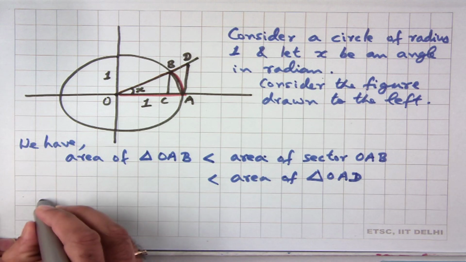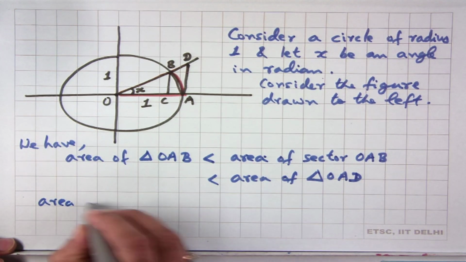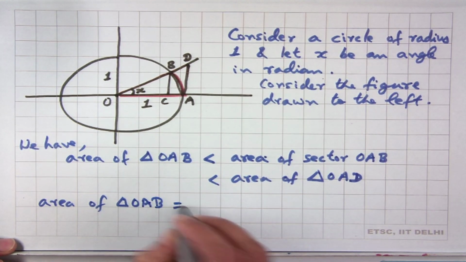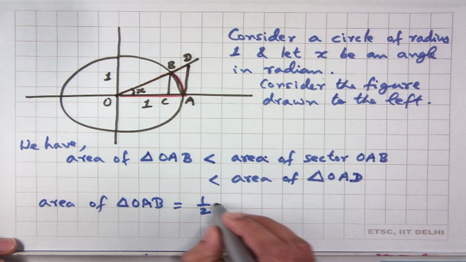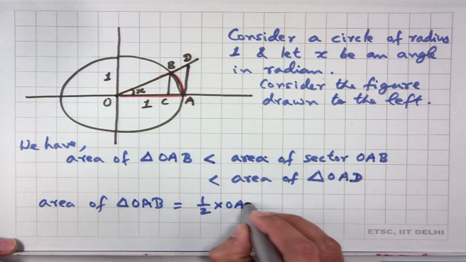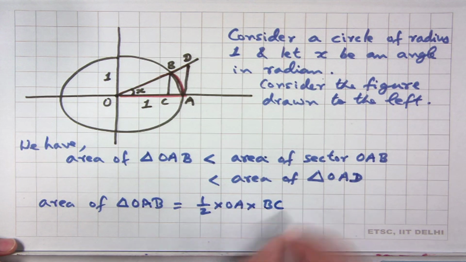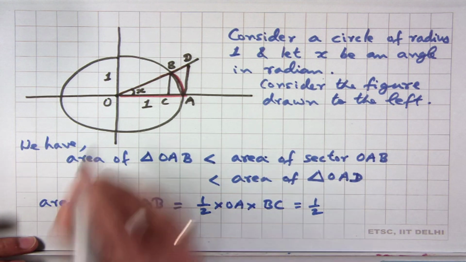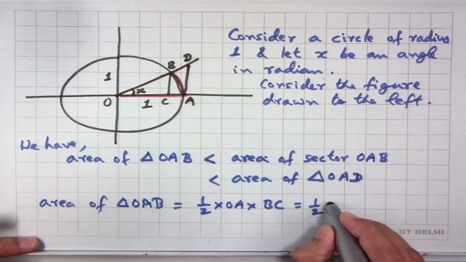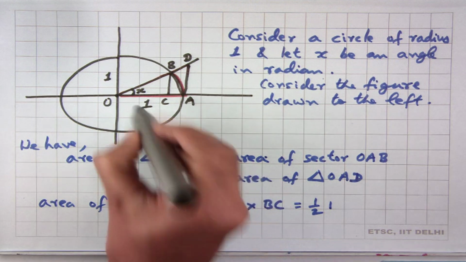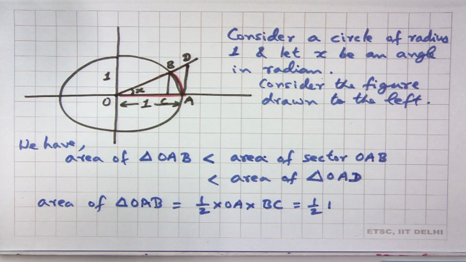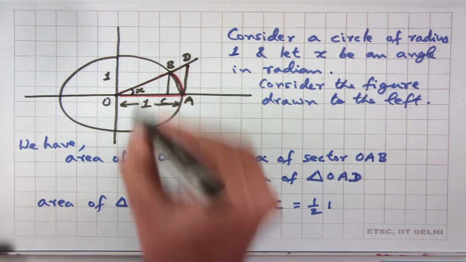Now, area of triangle OAB is equal to half times the base OA times BC, right, which is equal to half the length of OA is 1, this is 1. What is the length BC? So, note that this angle is x.